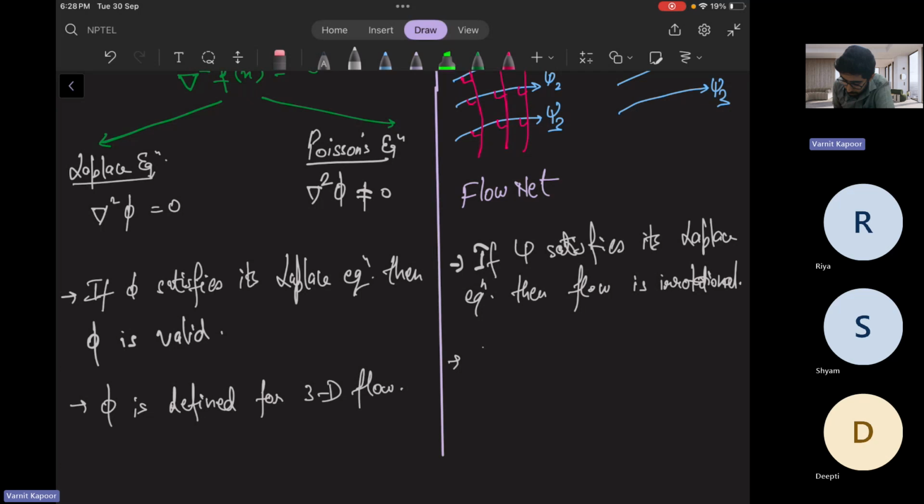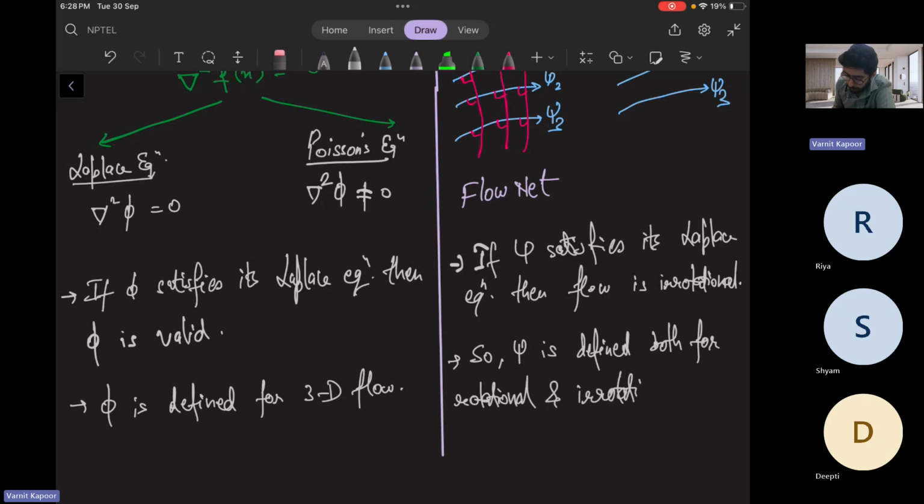So psi is defined both for rotational and irrotational flows. Okay, it is defined both for rotational and irrotational flows.